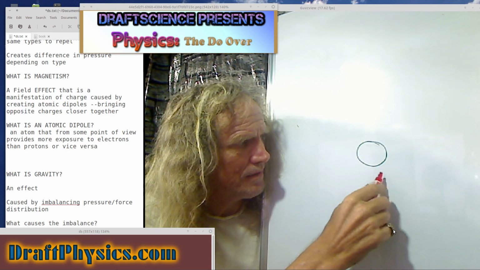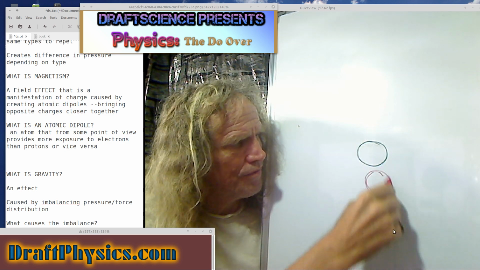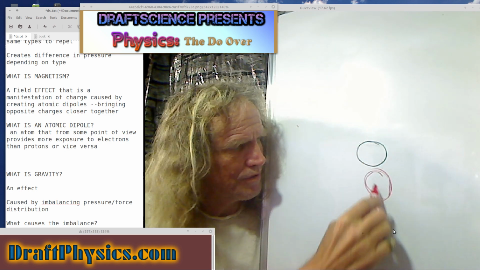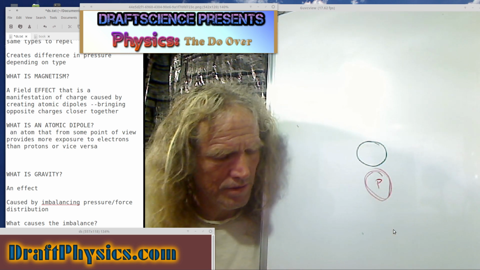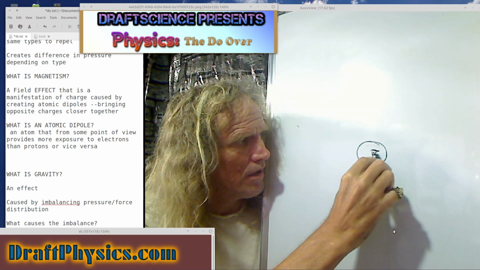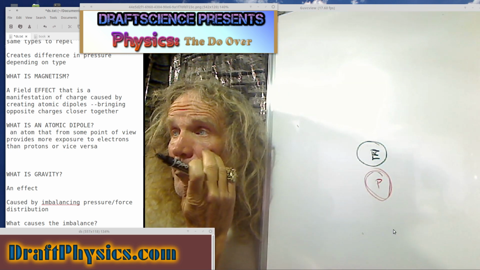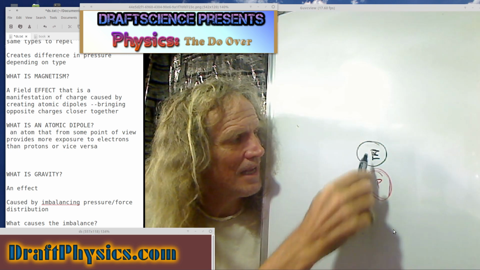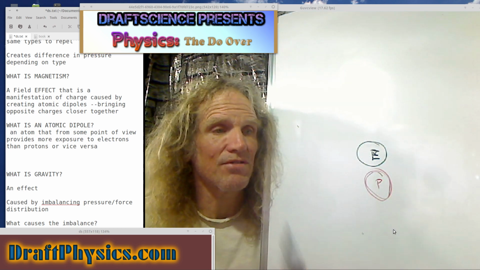So the key is that these two things, when they're in relationship to each other, the proton and the electron, the consequence is, this is the electron, thank you. The consequence is that they have a relationship that means a certain thing.